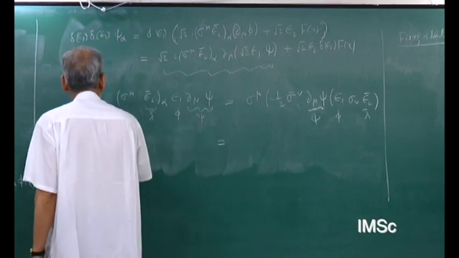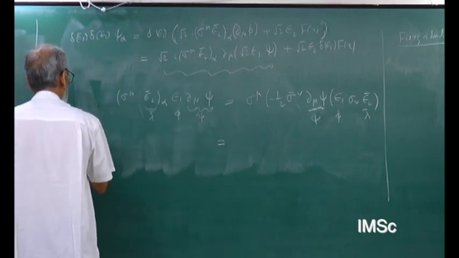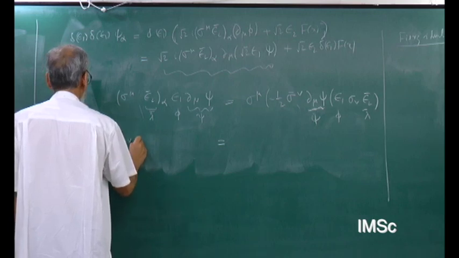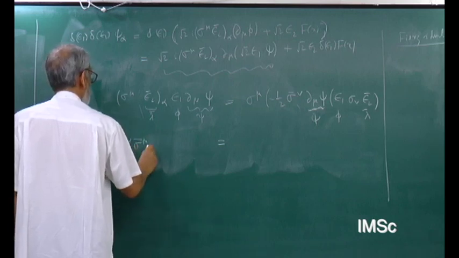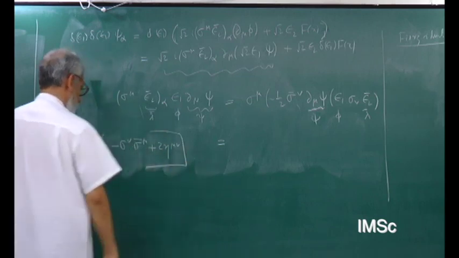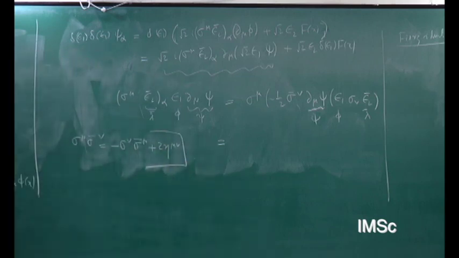Next, use sigma mu sigma bar nu is minus sigma nu sigma bar mu plus twice eta mu nu. That's the algebra of sigmas.